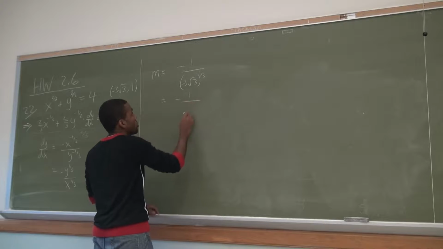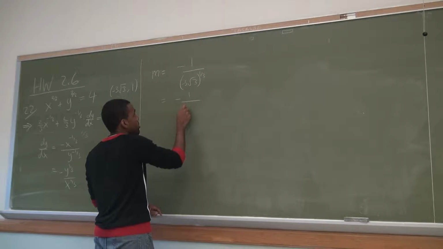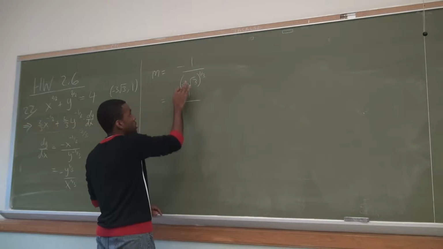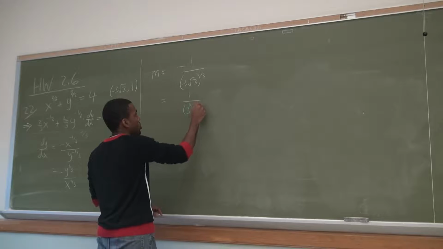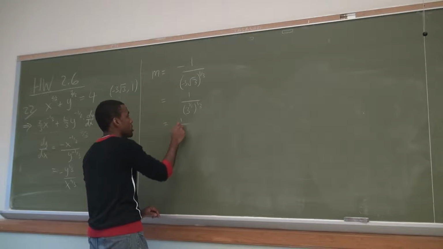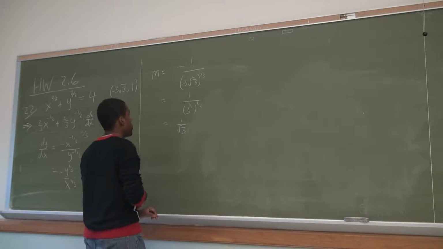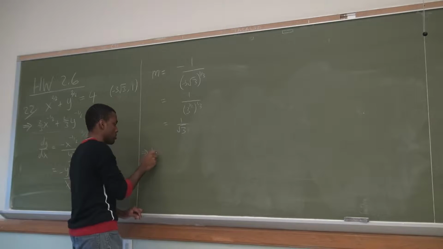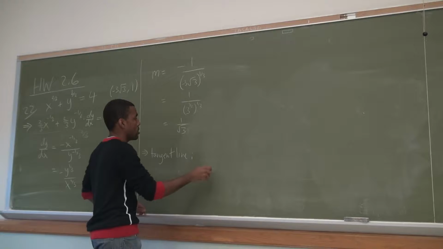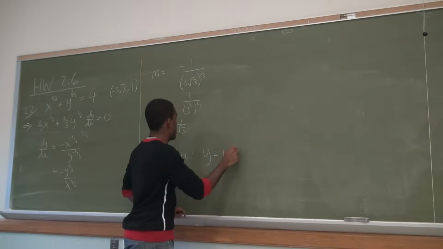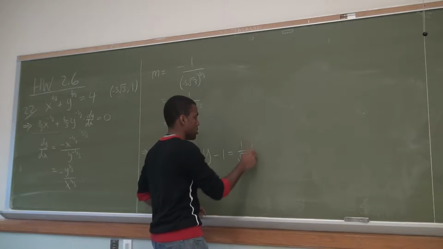That's minus 1 over, inside here we have, well, now that would be plus, but that's minus, this is 3 to the 3 over 2, so 1 over 3 to the 1/2, which is 1 over radical 3. Y minus 1 equals this.